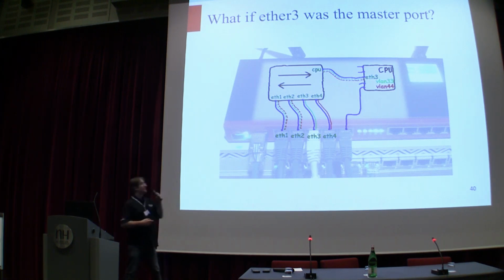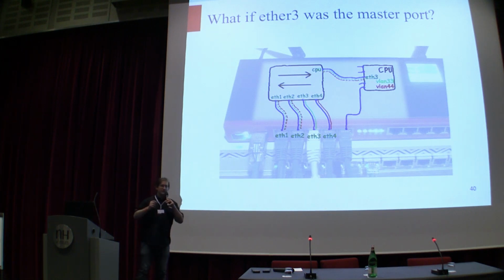Yes, of course, because this Ether2 is not the same as this Ether3, sorry. This Ether3 is not the same as this one, Ether3. This is the name of the physical port, that is access port in one VLAN. And this is the name of the master interface that connects the CPU to the switching chipset, to the port called CPU.